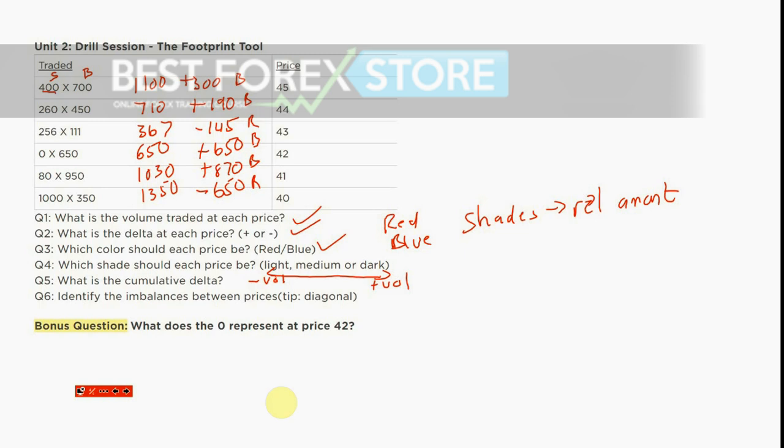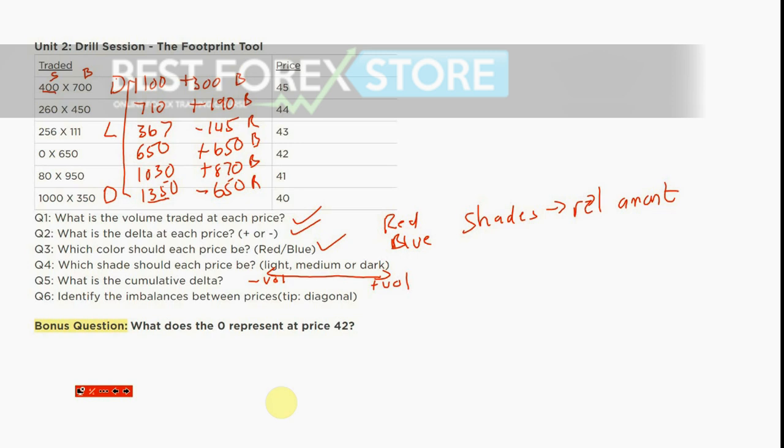Okay, so if we were to put this into a shade, it's very simple. We can see the volume traded, the total volume, and we can see that the highest volume is 1,350. Therefore, that will be a very dark shade. We can also see that, relatively speaking, 1,100 is a relatively dark shade. On the flip side, we can see that 367 is a relatively low volume relative to all the other prices, therefore it will get a light shade.